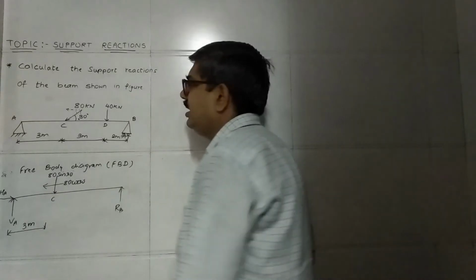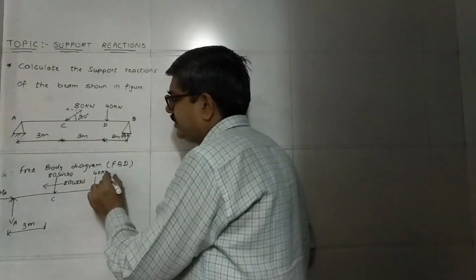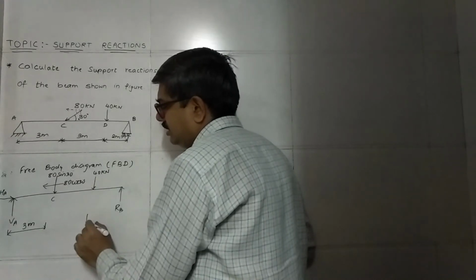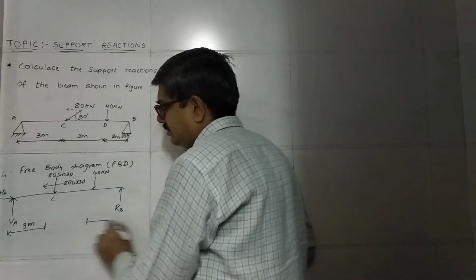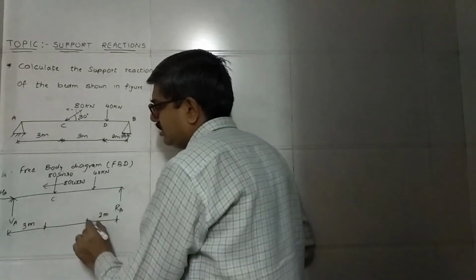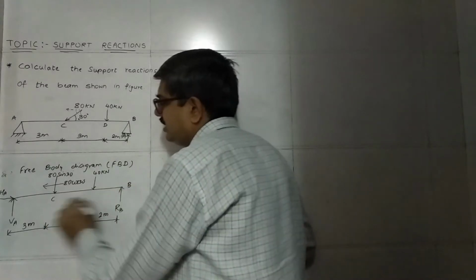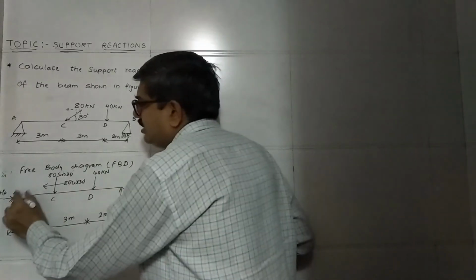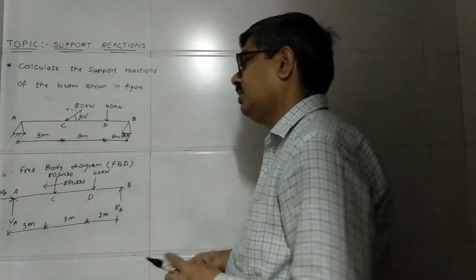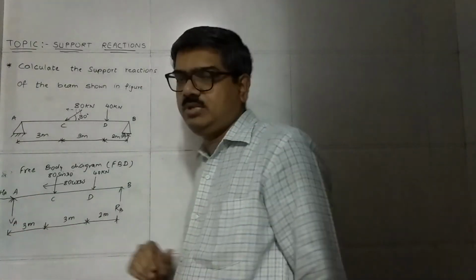And at D another point force is there. The distance is 2 meters, this is again 3 meters, this is B point, C and D, and this one is A. Now we have to find the reactions VA, HA and RB.